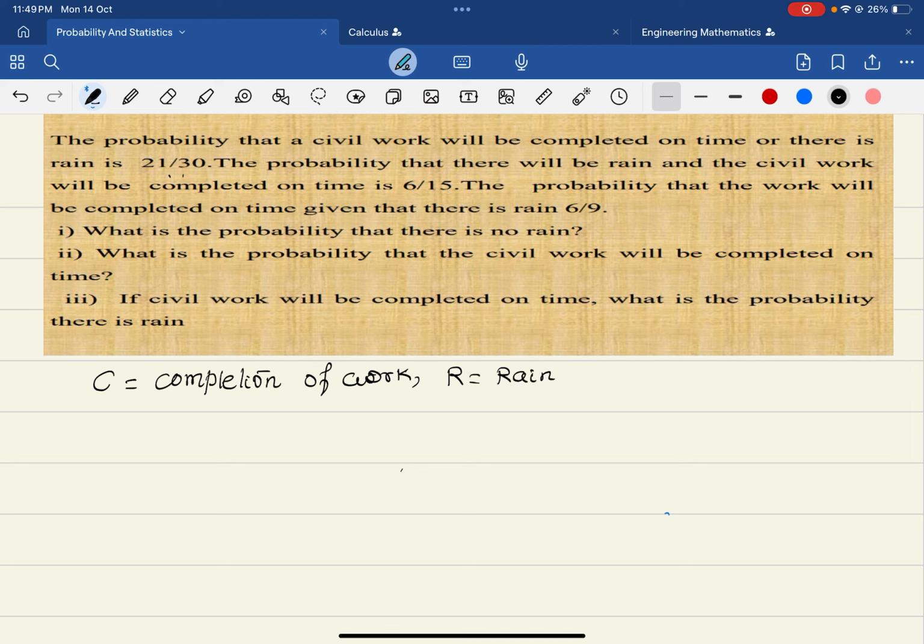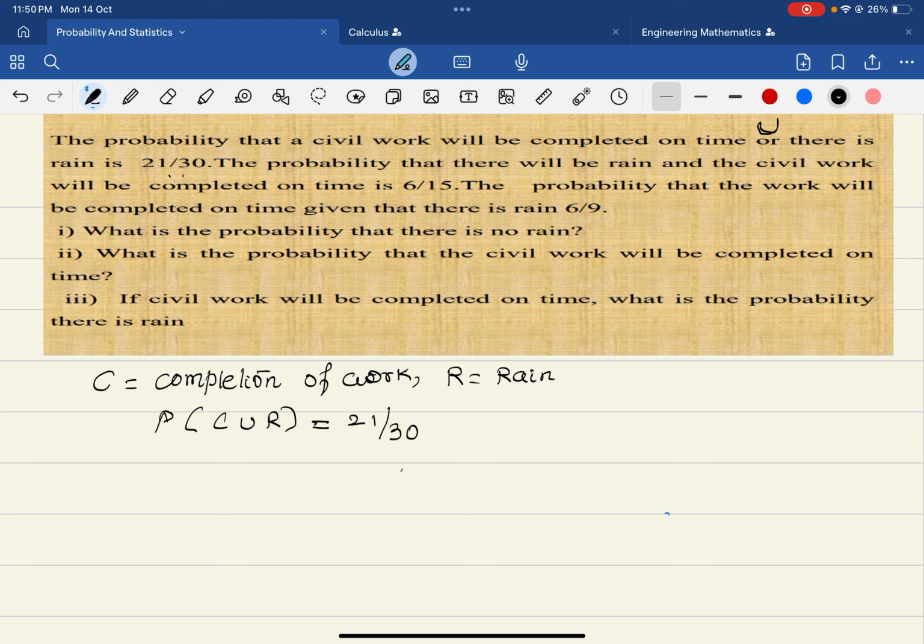Now try to understand the terminology here. The probability that a civil work will be completed on time or there is rain is this. So what do you mean by or here? Or means union. You will understand that, right? So P of C union R, either the civil work is completed or there is rain, is given as 21 by 30.